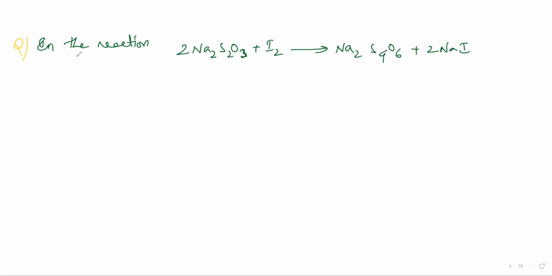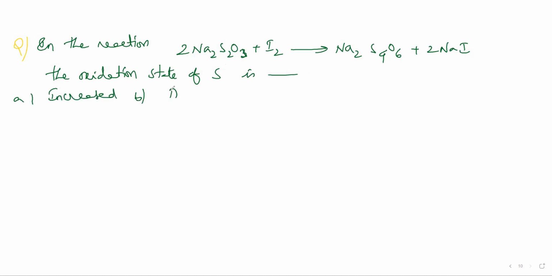Here, the oxidation state of sulfur: options given are increased, next decreased, next remains the same, and the next none. So whether it is increased or decreased or remains same, let us find out.